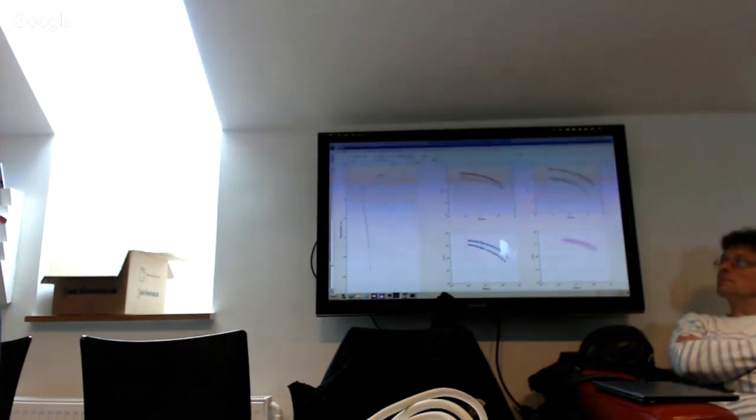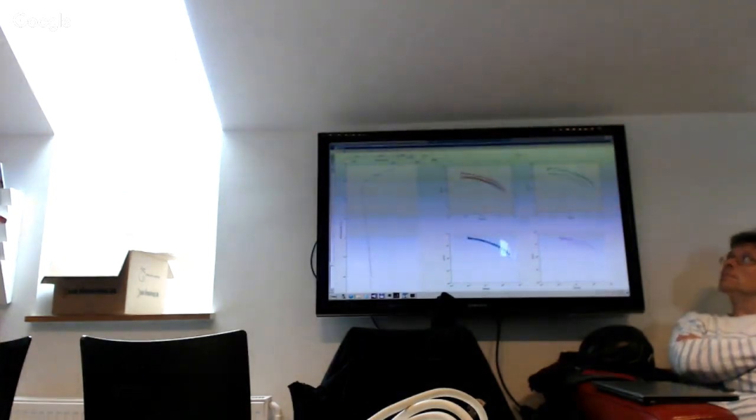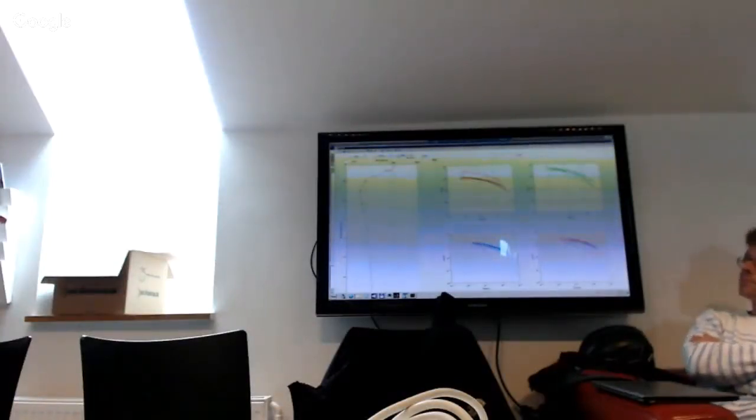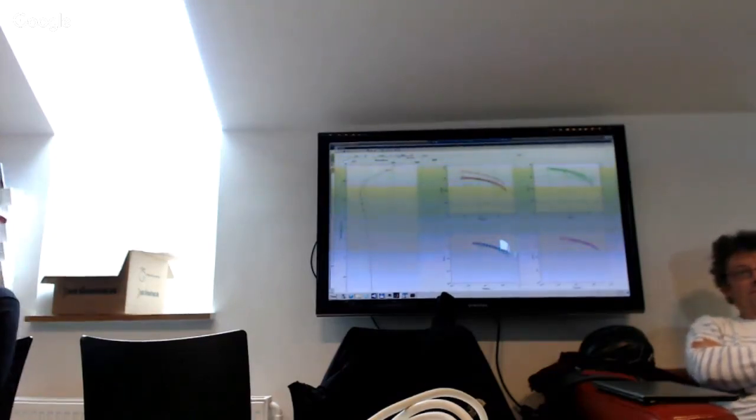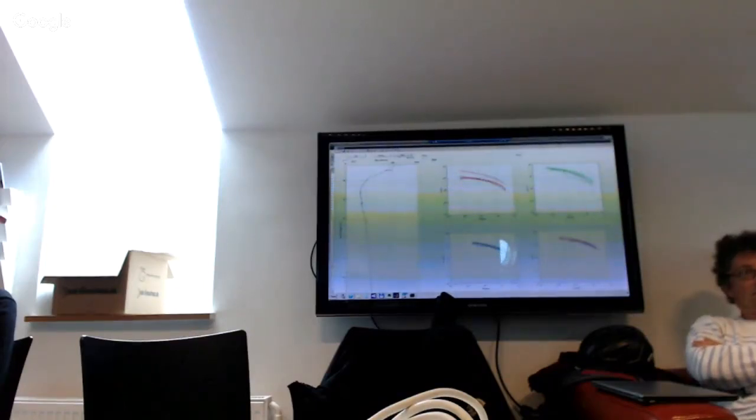And I think we will also get some really exotic shapes soon. So again, my point is that you can get this kind of data, and these are real data. This is a gradient array, A, B, MN. No EM, only galvanic, real data, fit with a Cole-Cole-like model.